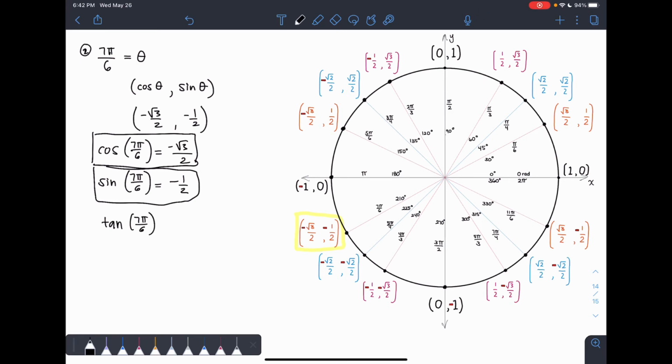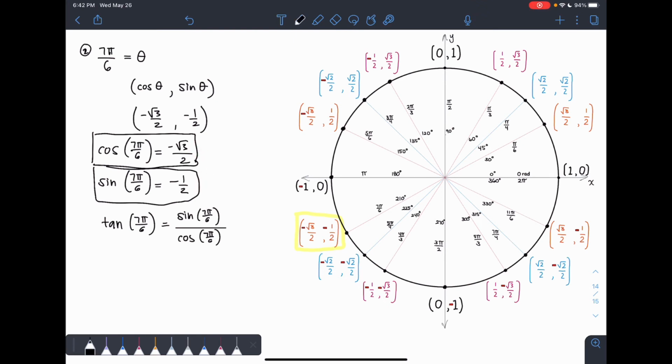Okay, so tangent of 7 pi over 6, this is given by sine of 7 pi over 6 over, or divided by, cosine of 7 pi over 6. These two values were figured out in the previous step.